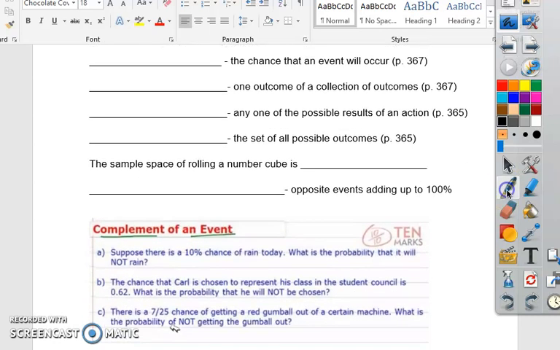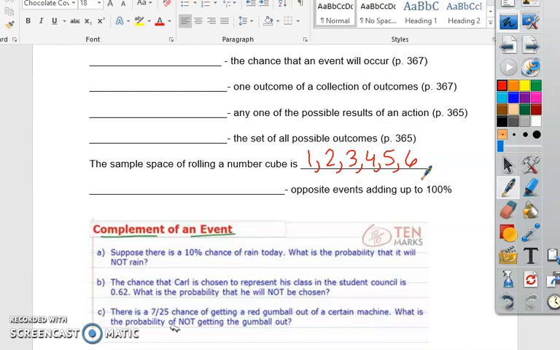So, for instance, when you're rolling a number cube, we have 6 sides, but we don't say the sample space is 6. We say the sample space is 1, 2, 3, 4, 5, 6. When I list out this sample space for the number cube, this is going to help me find my probability, okay?